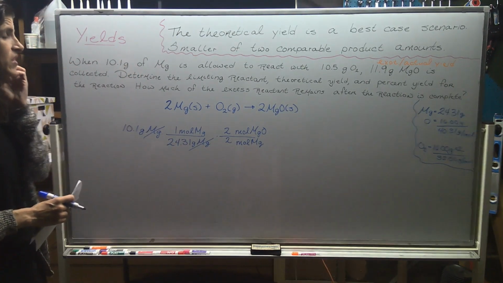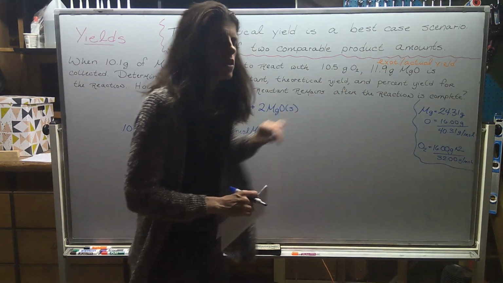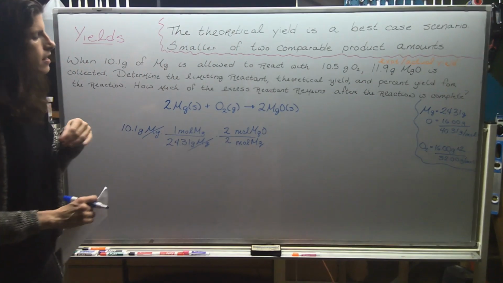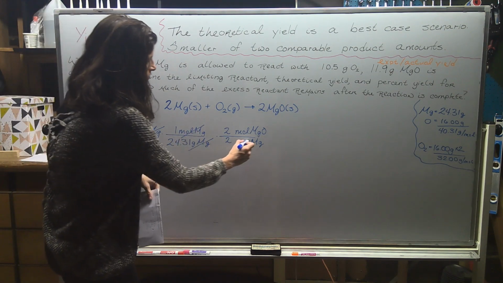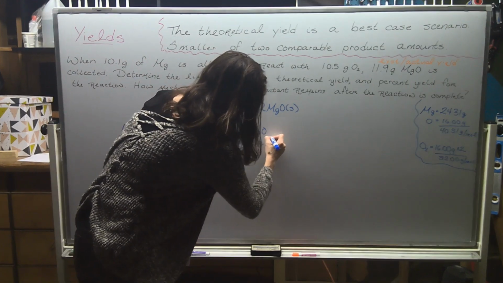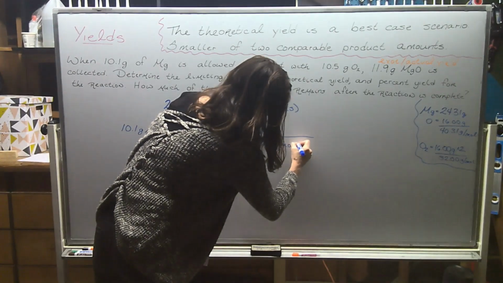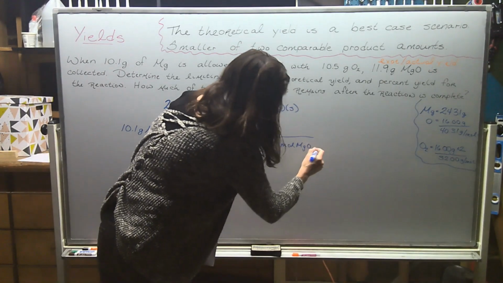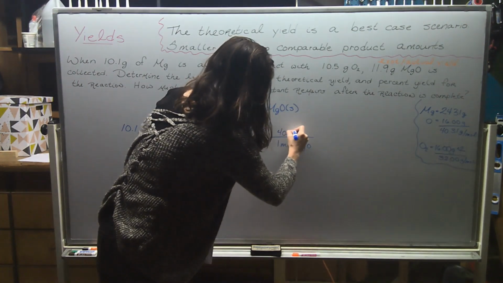Now, since our actual yield was given in grams, I'm going to take this to the level of grams. So now that moles of magnesium is gone, I'm going to use the molar mass of magnesium oxide. So over there I calculated it, 40.31 grams.